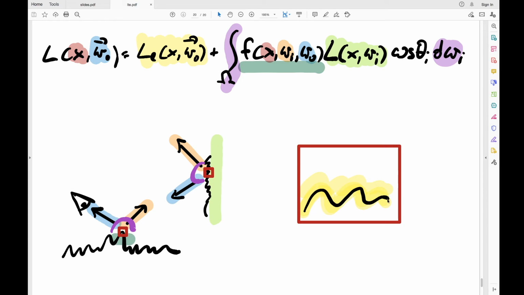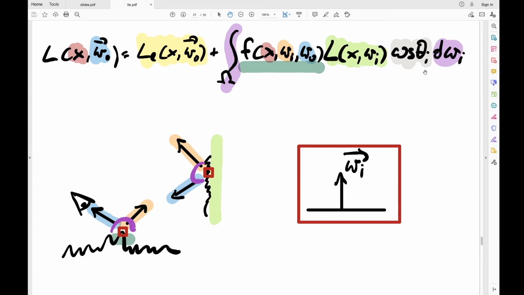So light has to come from somewhere. In general, this equation assumes that there's a certain percentage to which the surface is emissive, and another certain percentage to which the surface is reflective. And the very last term that we'll discuss is the so-called cosine term.